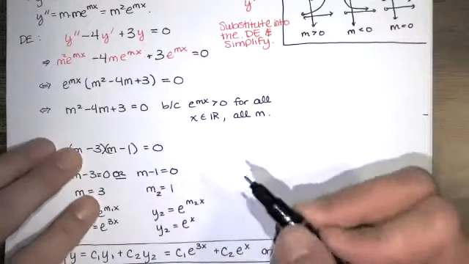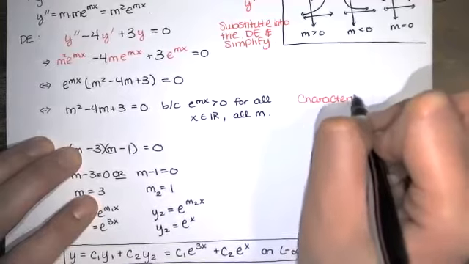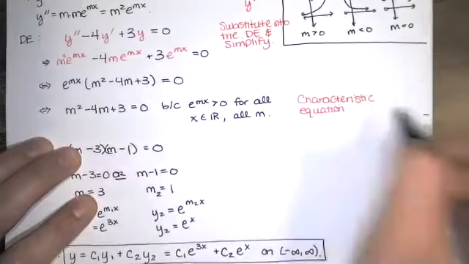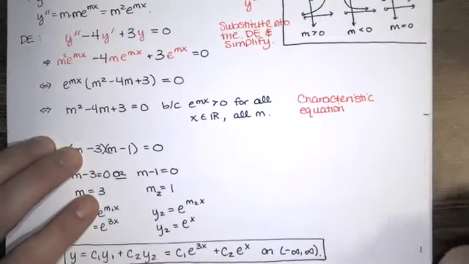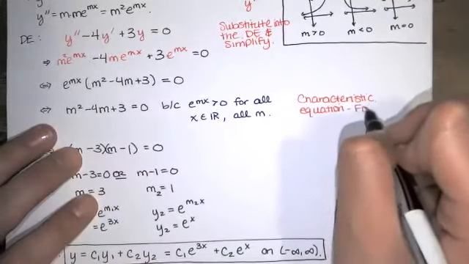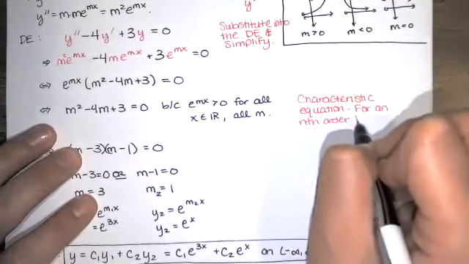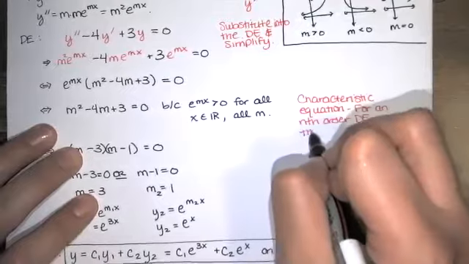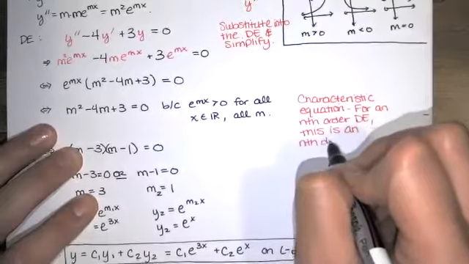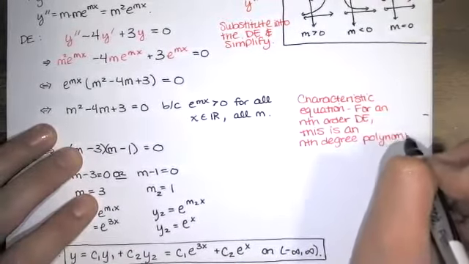That's called the characteristic equation. In general, if you have an nth order differential equation, this will be an nth degree polynomial. So we have an nth degree polynomial equation that we need to solve for m.